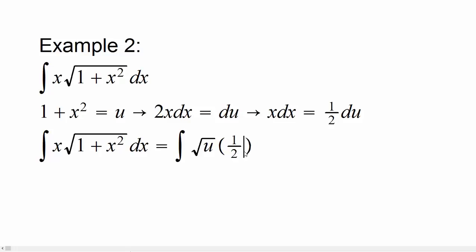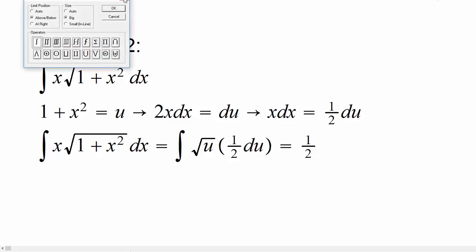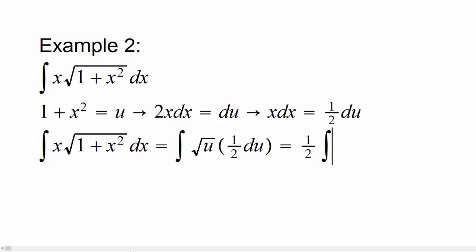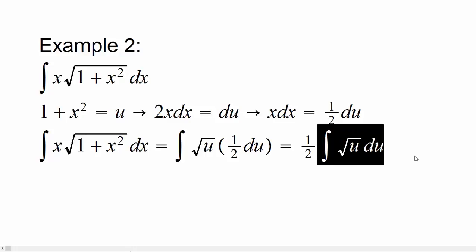Then I can pull this 1/2 out, and I simply get the antiderivative of square root of u with respect to u, right?